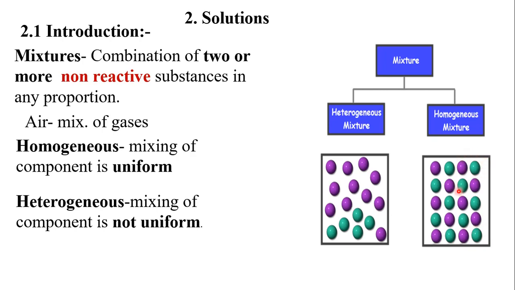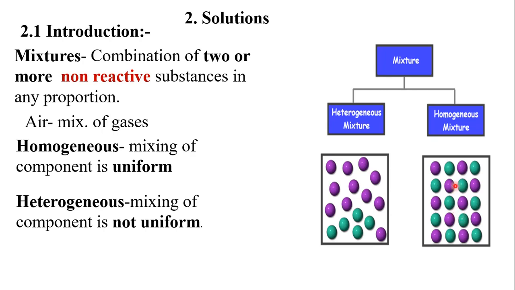If you take this part of the mixture, then also the proportion is the same. That means the composition and properties of the mixture are the same, and that is called what? Homogeneous. Mixing of components is uniform throughout the mixture, so it is called a homogeneous mixture.